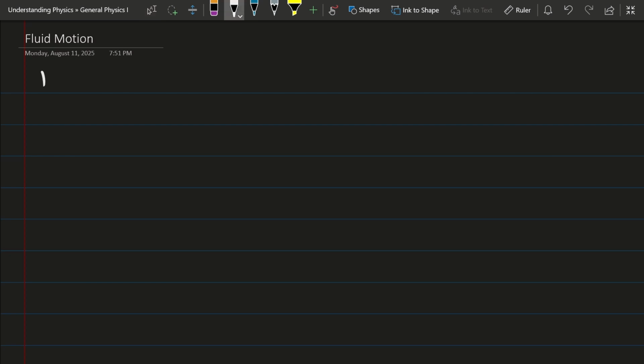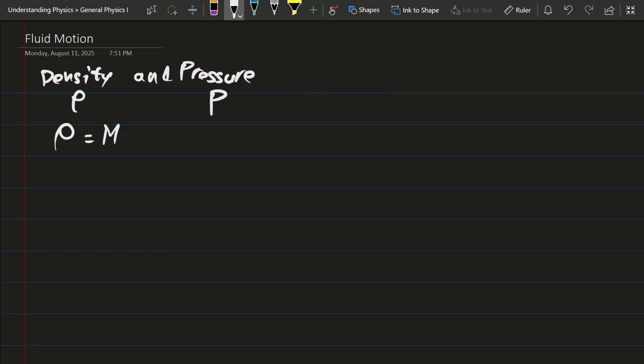So first we want to talk about density, rho, and pressure. So what is density? We have already discussed some ideas using density while we haven't truly defined what density is. Density here for fluids is basically the mass over a unit volume, V. This basically states the mass of an object within a unit volume.